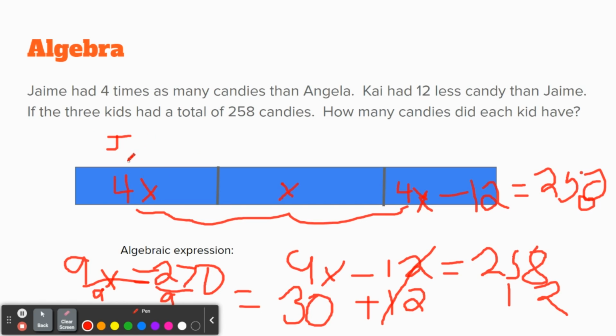So 30 times 4 is 120. X is 30. And then 120 minus 12 is 108.